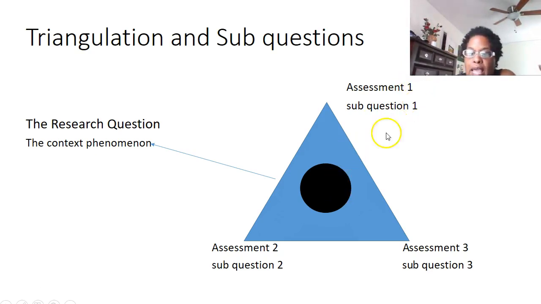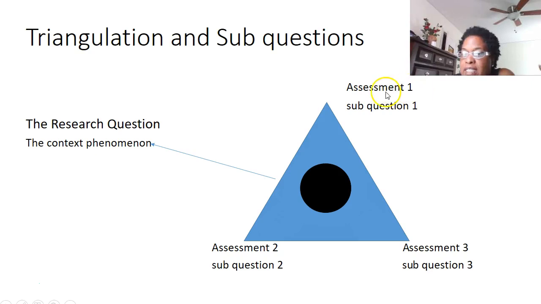A sub-question to the overall research question might be: can using the memory strategy increase the students' test scores on a test that requires them to recall unrelated information? This is basically a test that requires memory skills. I want to know if it can increase their test score, which is definitely something we can measure.